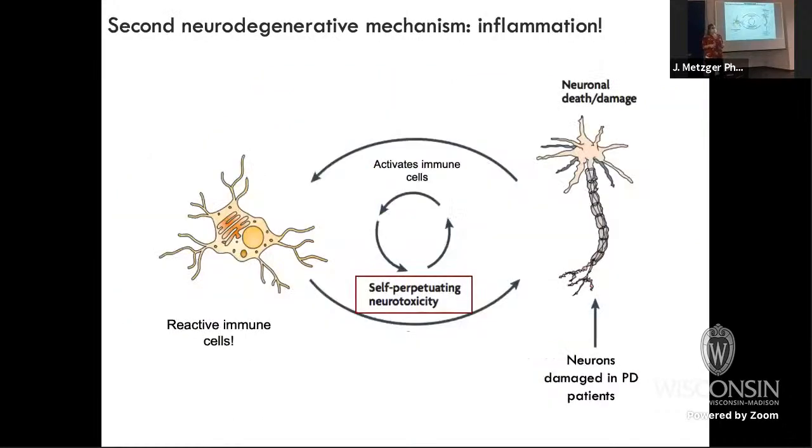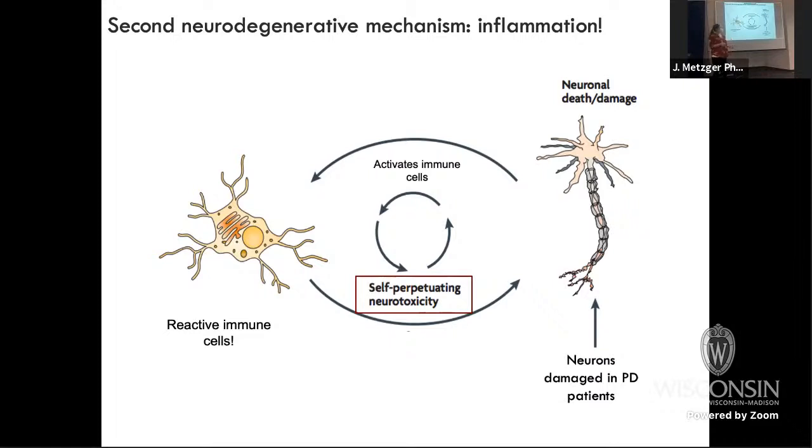So a second neurodegenerative mechanism that we'll be looking at today is inflammation. So starting on the lower right here, this figure kind of takes us through an explanation of why we think inflammation is likely involved. So any sort of damage that happens to neurons in Parkinson's disease or from another disease, if it's damage that eventually leads to death of these neurons, the immune system is going to get involved. Because once you have cells that are dying, you have to recruit the immune system to help clean everything up.